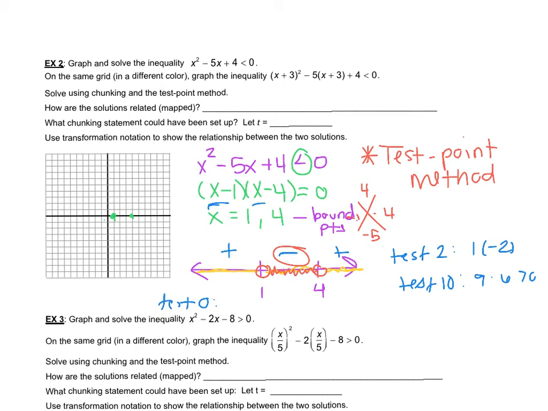So now let's see how this translates to the graph. So the graph of this parabola is, let me give you a couple points on it. So I gave you the x-intercepts, which are 1 and 4, and then there's 2 other points on the graph right here. But this graph generally looks like this, and then hopefully this all starts coming together here.